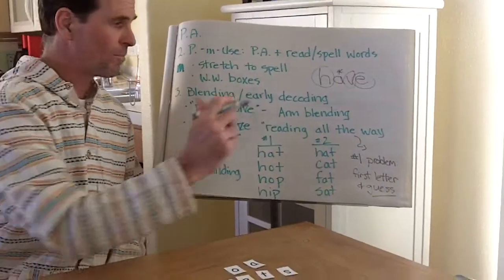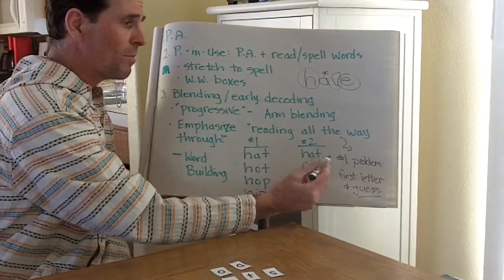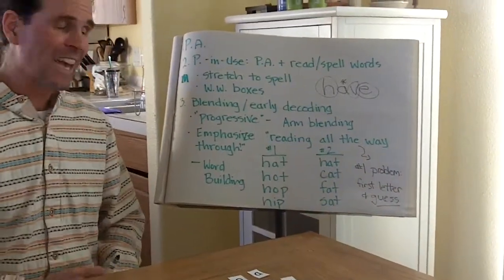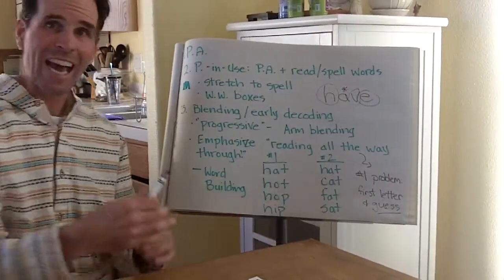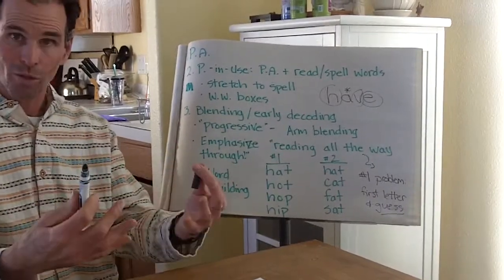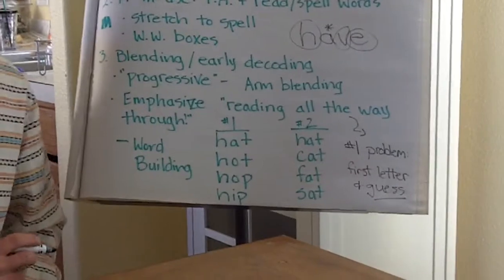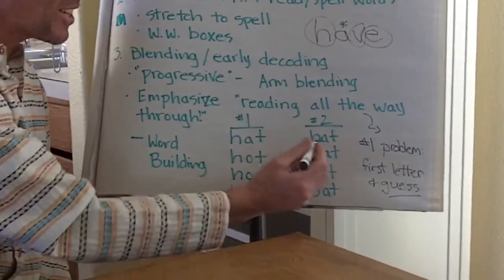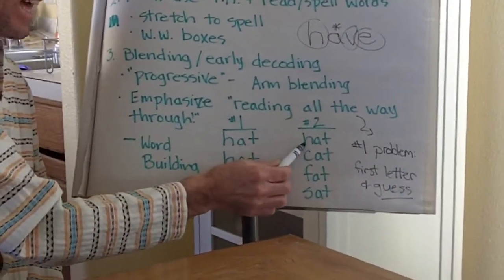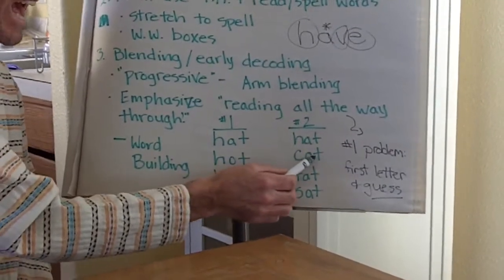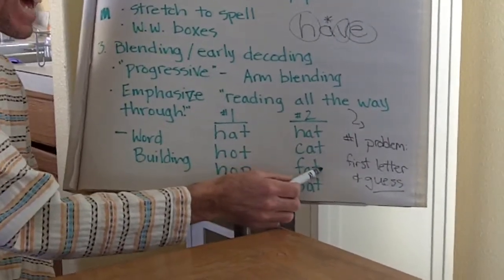Huge problem. If our number one problem is to read the first letter and guess, watch what this list actually promotes, what it leads kids to do. You say, kids, let's read these at words. They all end in at. So here we go. Hat, cat, fat.